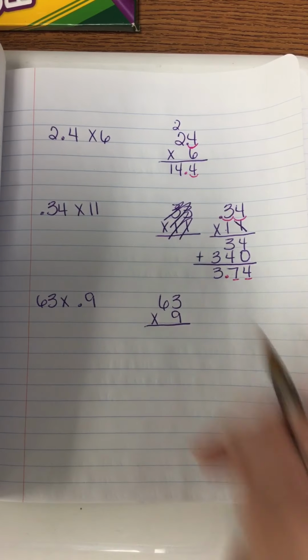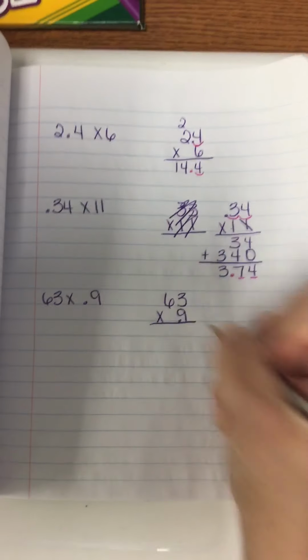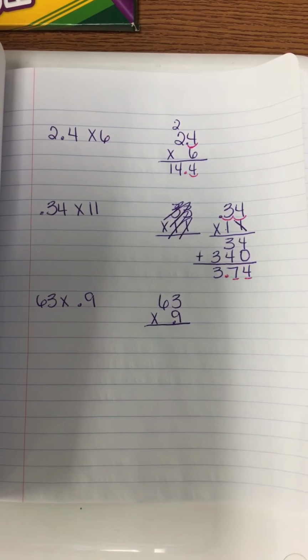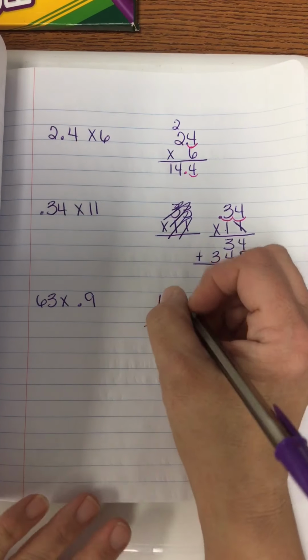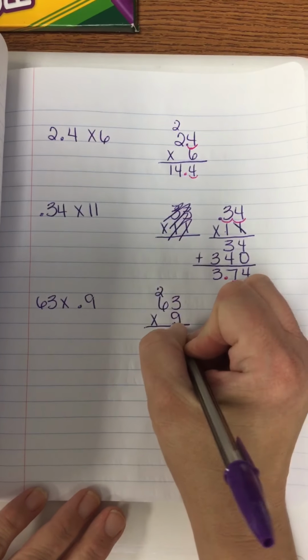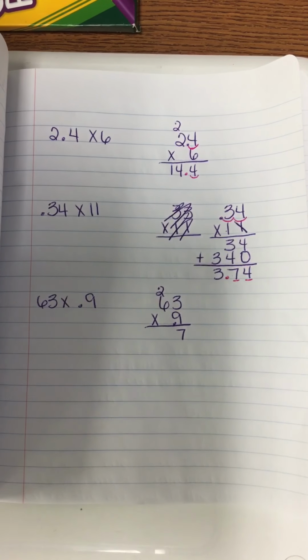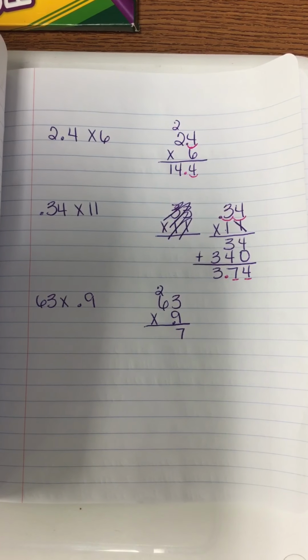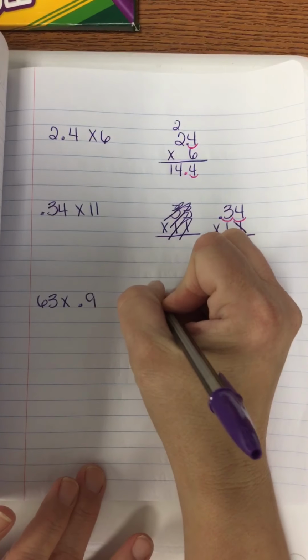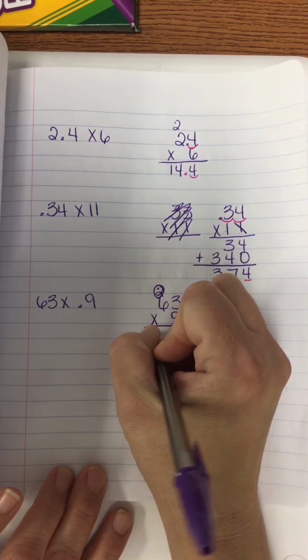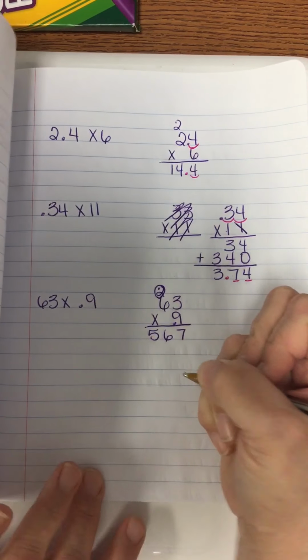Oh, wait, I got to go back and I'm going to put my decimal now. I'm sorry. Okay, so I wrote my number, 63 times 9. Then I added my decimal. Now I'm going to multiply 9 times 3, which is 27. And then you're going to multiply 9 times 6, which is 54, plus this 2. So that's 56.